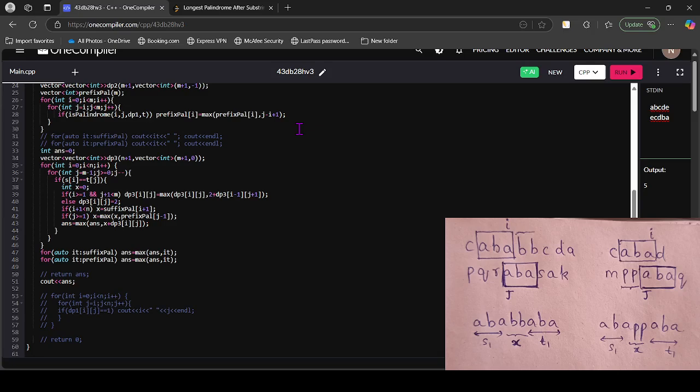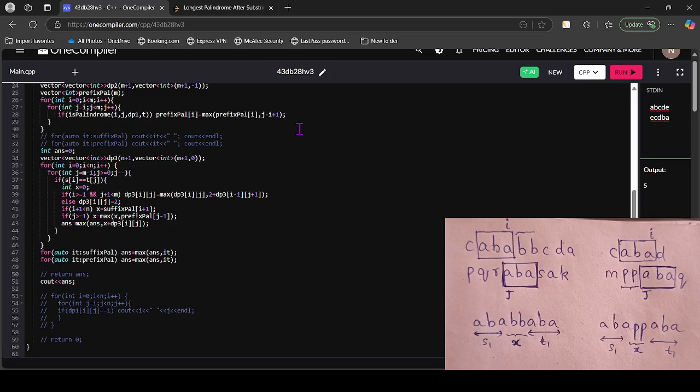So in the first example, when index I is 3 and j is also 3, dp3 of 3 comma 3 is equal to, we found a and a which are equal, so this is equal to maximum of dp3 ij comma 2 plus dp3 of I minus 1 j plus 1. So this goes up to where these both are palindromes and are equal.